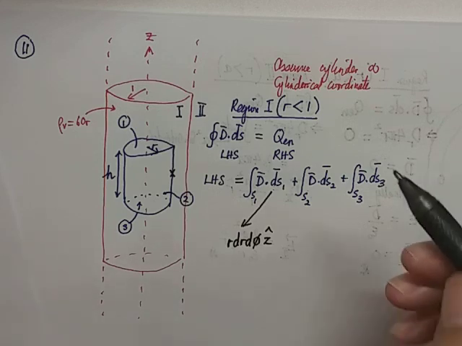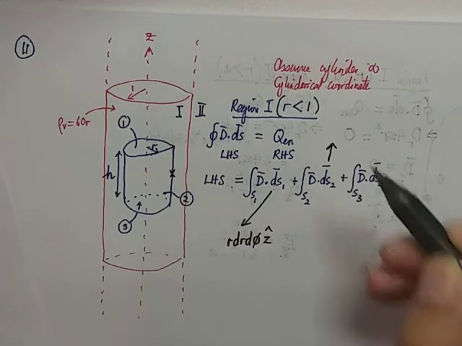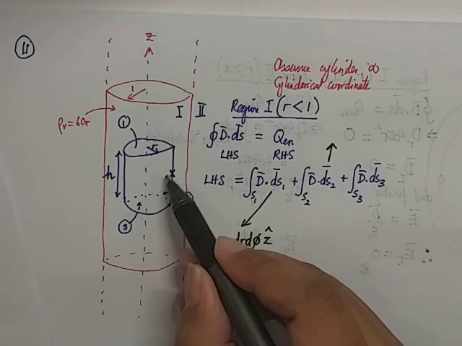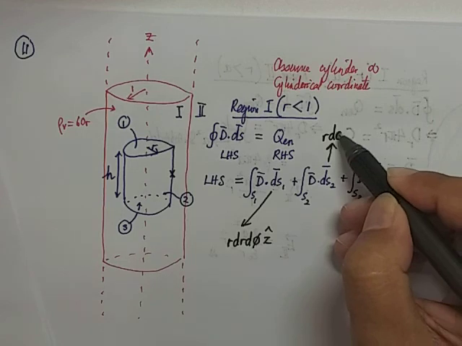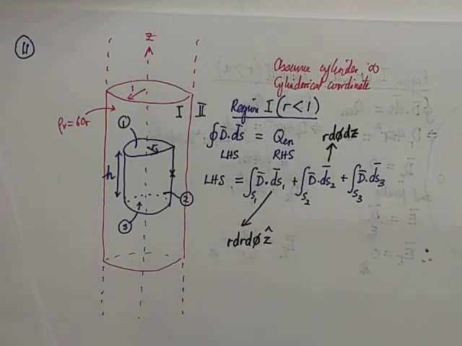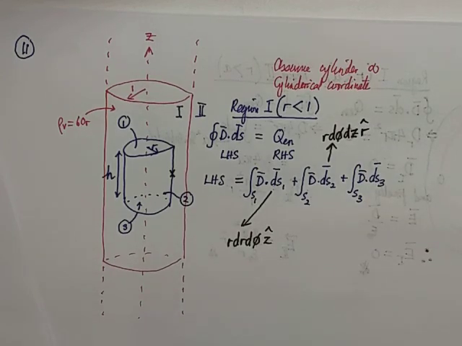Okay, for surface number 2, what should be my ds? Change of phi, and what else? Change of height, so it should be r d phi dz. Which direction? R direction.